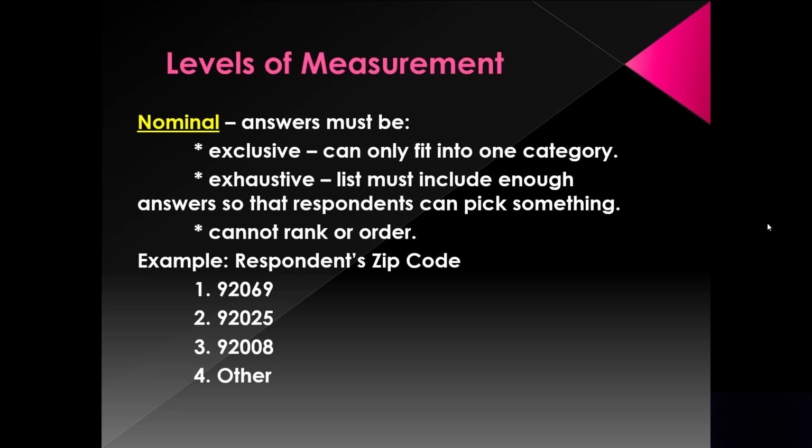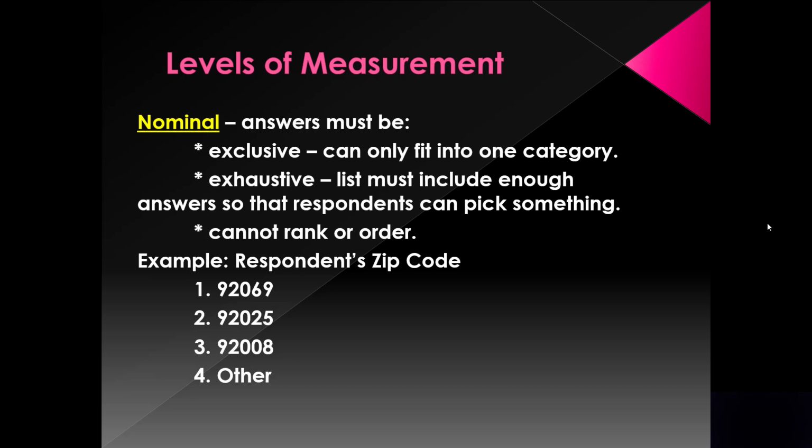Here's an example. The respondent's zip code, these 3 zip codes, and then the answer of other, which is a really shortened version of an answer list. But if you live in 92025, you cannot live in 92008. That's exclusive.